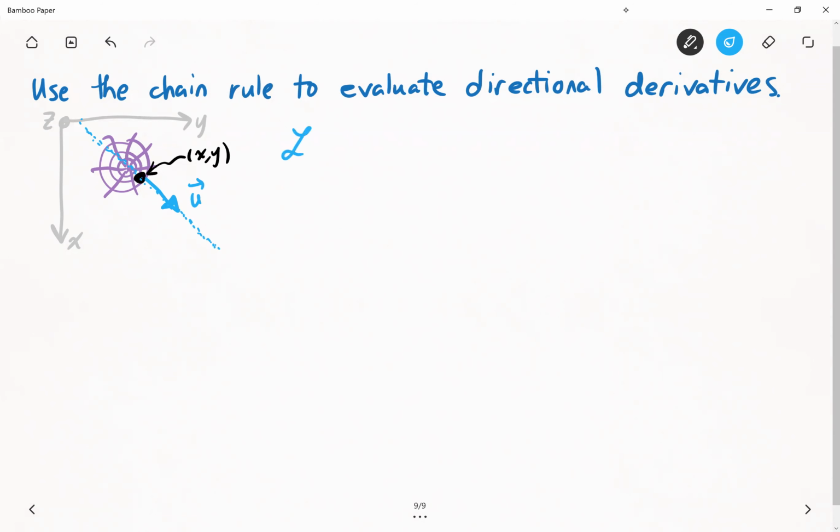So let's write down the equation of that line. Right, so the line L of t, right, is going in the direction of u. I could write that as u1 comma u2 times t plus, think of the point xy as kind of like the base point on this vector. And again, think of this as a fixed point on the line.